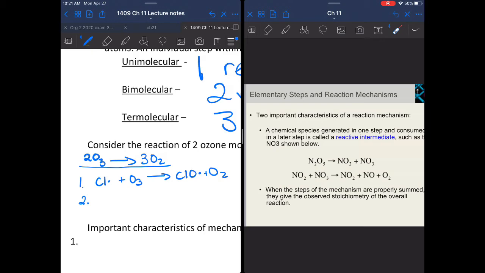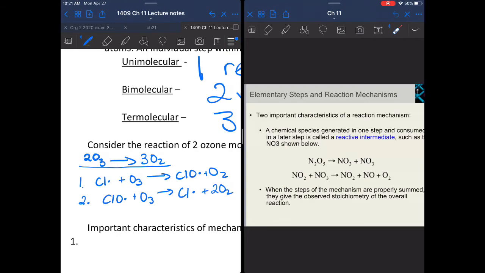In the second step, that ClO radical reacts with another molecule of O3 to give us Cl radical and 2 O2 molecules. So this reaction is facilitated by that chlorine radical.